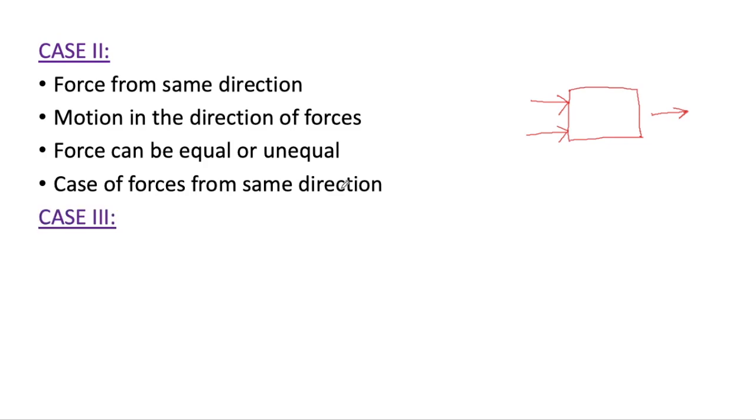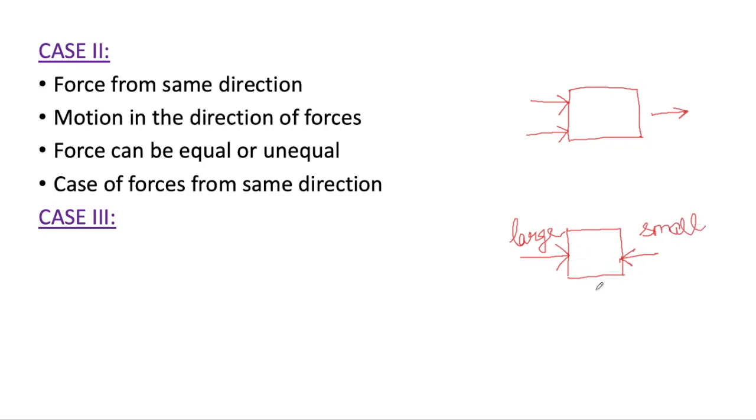We consider another case, that is our case 3. In this case, we have the object, but the two people who are applying forces apply them from opposite directions. In this case, the forces will be of unequal magnitude. One person will apply a larger force, the other person will apply a smaller force.